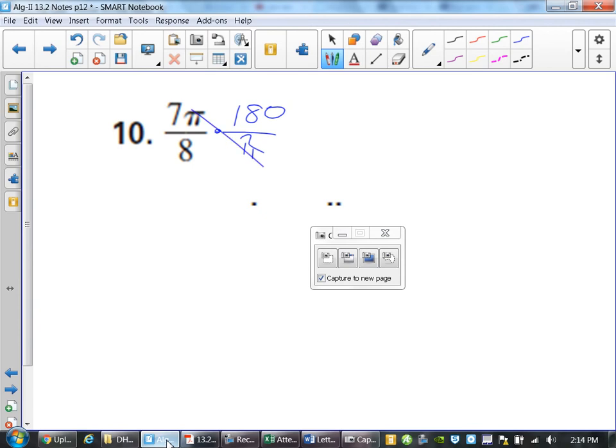That drops. 180 and 8 are both even. 4 and 90 are both even, so 7 times 45. Well, what's 7 times 5? 35. What's 7 times 4? 28. And 3, so 315 pi, 315 over 2. Or half of 315 would be 157.5.